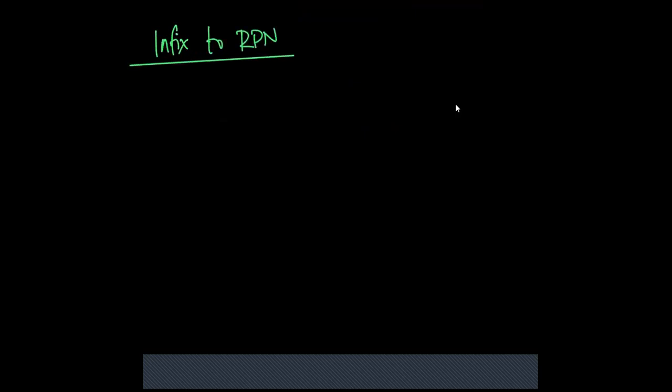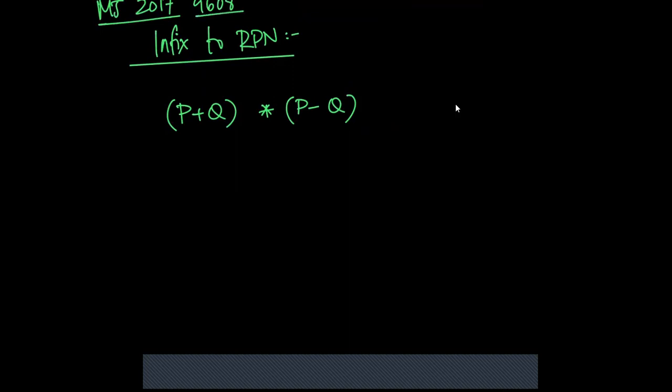Infix to RPN. Let's say we've got the following mathematical notation: (P + Q) * (P - Q). By the way, this is a question taken from May-June 2017, 9608.